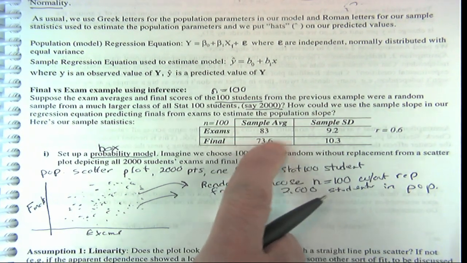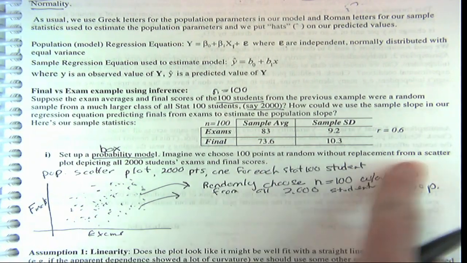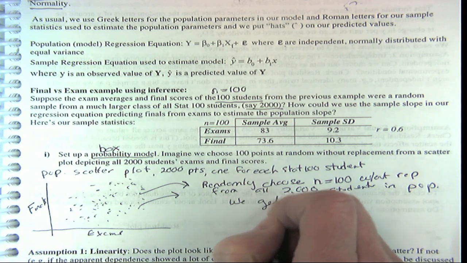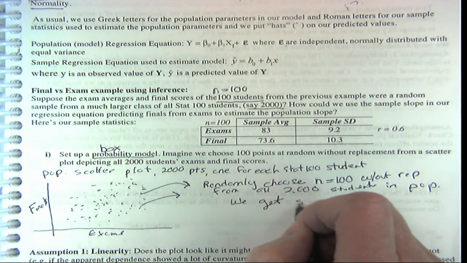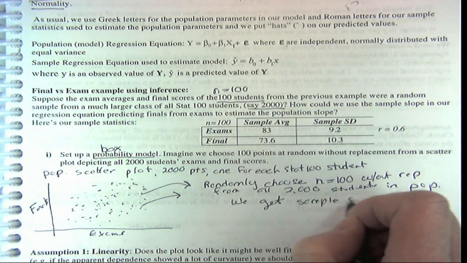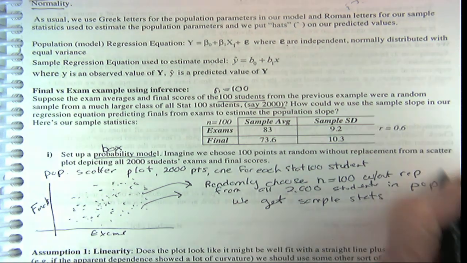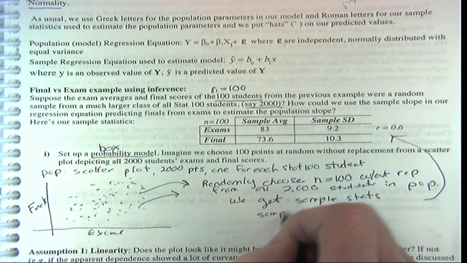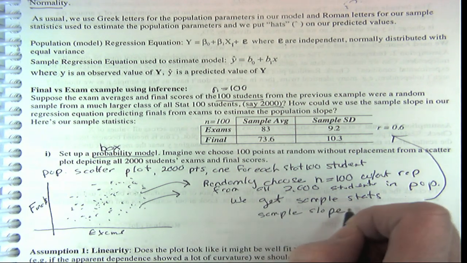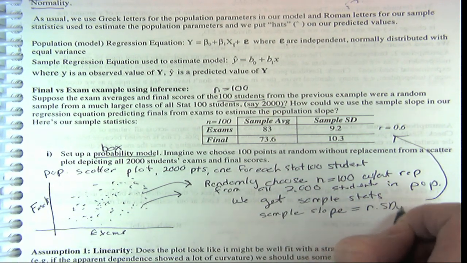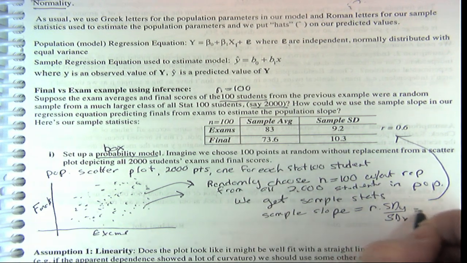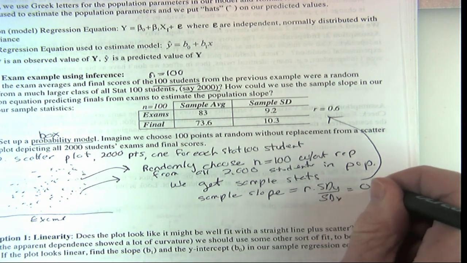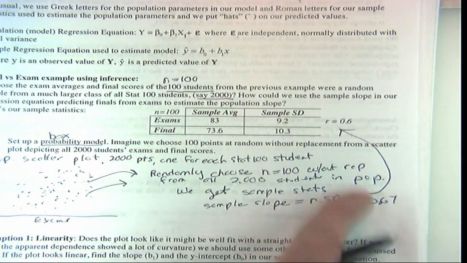Then in our sample, these are our sample stats, and we get the sample stats above. We got a sample slope, equal to r times SDY over SDX. We just did that on the previous page, and we got 0.67. That's what our slope was, and we got this regression line.